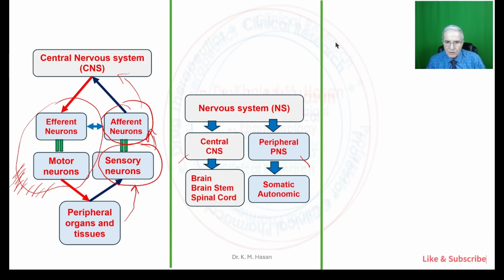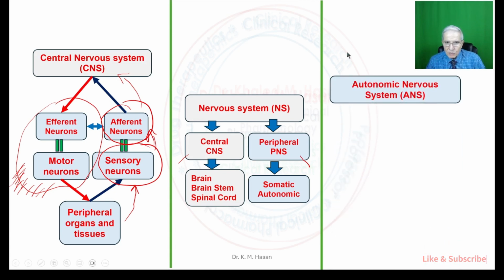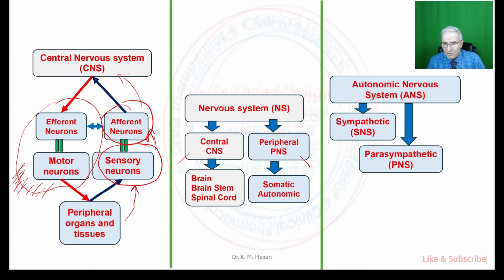In the autonomic nervous system, we have the sympathetic nervous system, abbreviated SNS, then the parasympathetic system, PNS, and then the enteric system. So with the autonomic nervous system, we are speaking about three main parts: sympathetic, parasympathetic, and enteric.